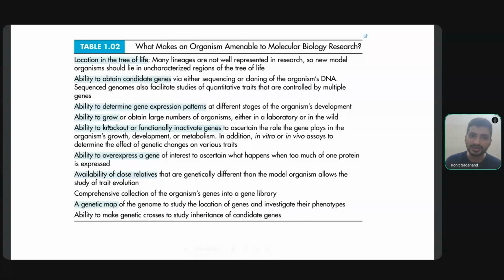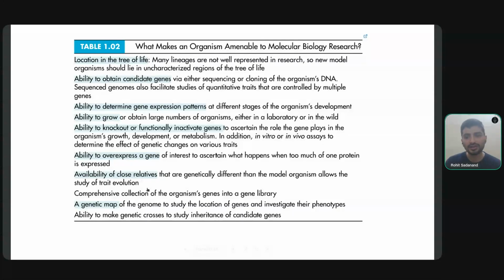And we should be obviously able to grow them in large numbers, and they should ideally have a short life cycle so that we can observe the entire life cycle and the effect that the gene plays at different stages of development. And of course, we should be able to either overexpress or knock out genes and see the effect that this has on the organism.